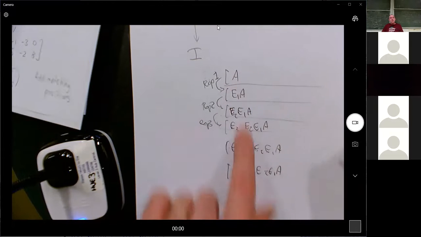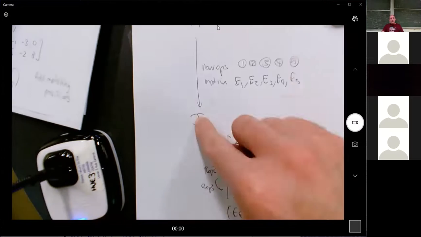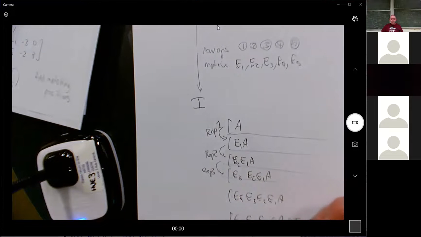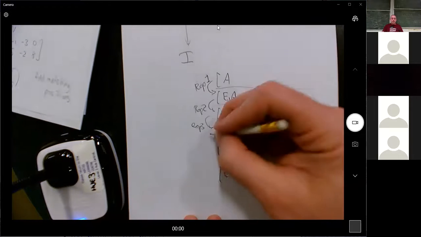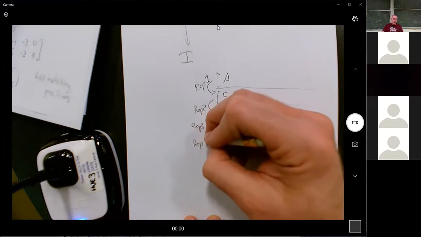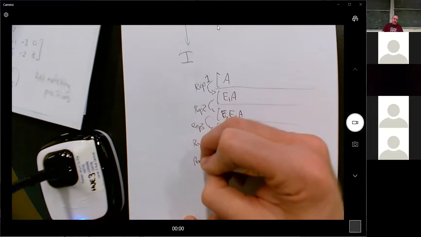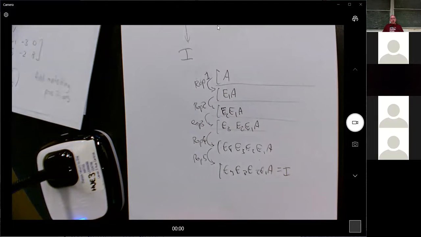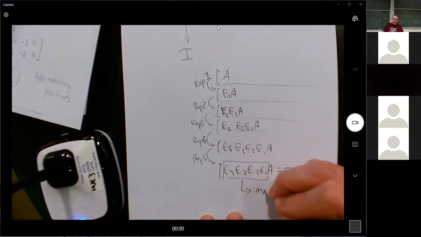And once you get to this point, I produce the identity. Row operation 4, row operation 5. And look, this matrix times A produces the identity, which therefore means that this matrix must be A inverse.